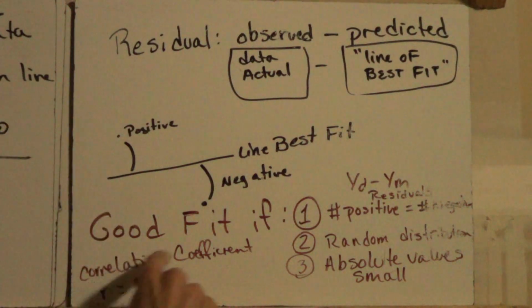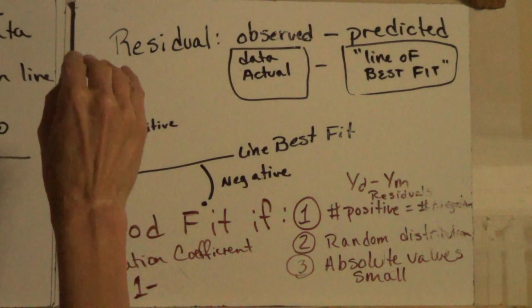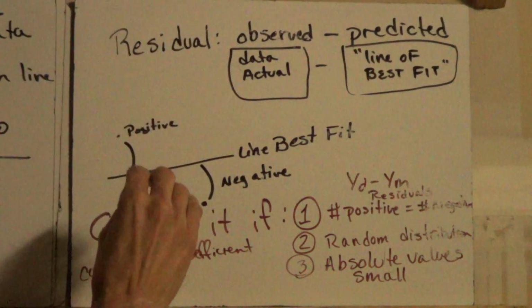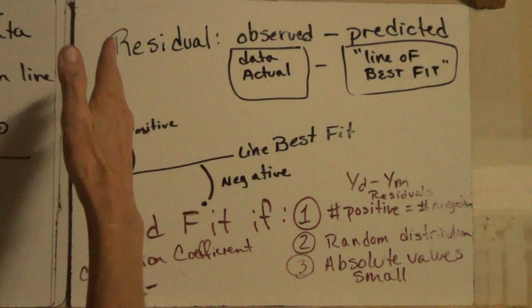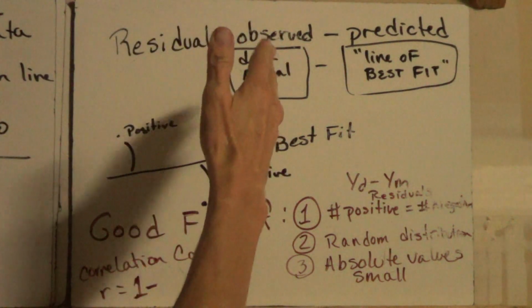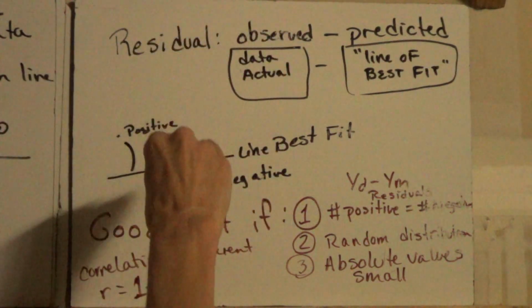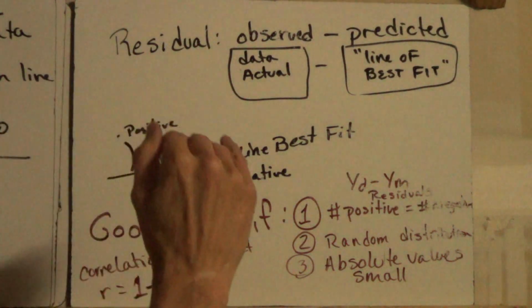Now you can look at the correlation coefficient. I didn't make a board for this, but what you would do is go into your Stat. Instead of Edit, go to Calc. Take the cursor over to the second column, do Calc, and go down to whatever you think it will be, whether it's a linear regression or an exponential regression.